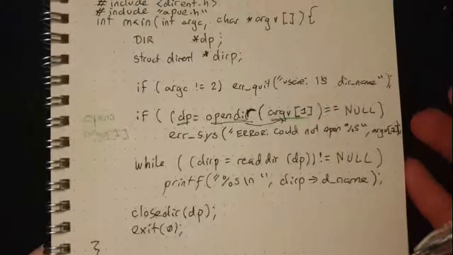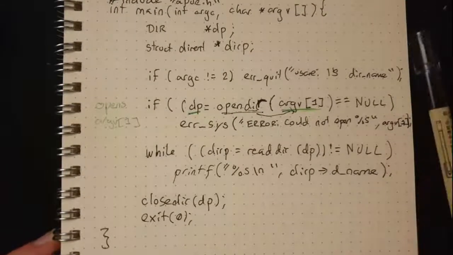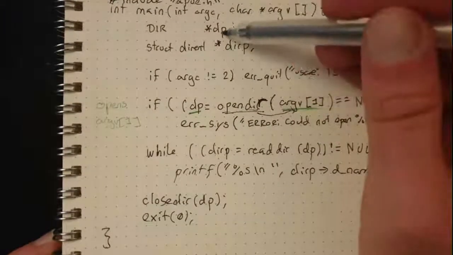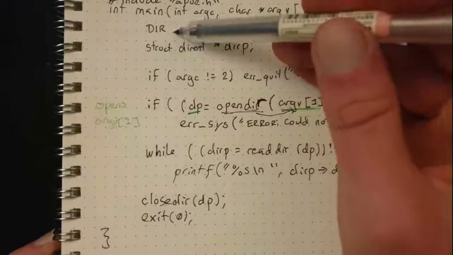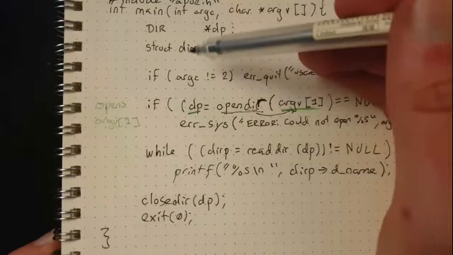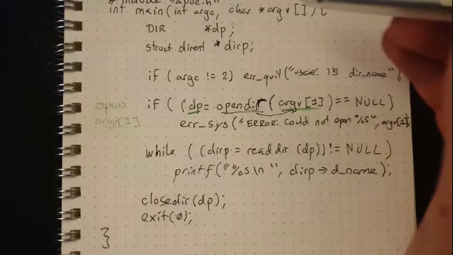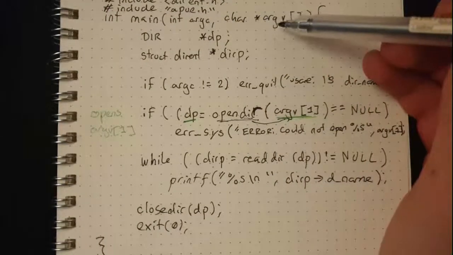So basically, what this program does is it assigns some memory for a pointer to the directory name. It reads the number of arguments and the arguments.